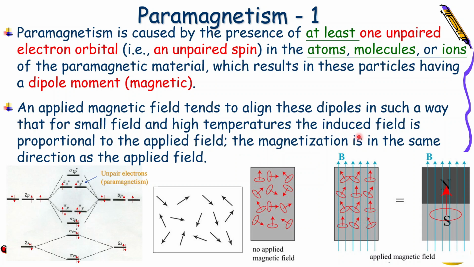So the magnetization is in the same direction as the applied field. It is randomly distributed in this environment for the oxygen, but once you apply the magnetic field from this to this direction, all the oxygen will align this way, following the magnetic field.